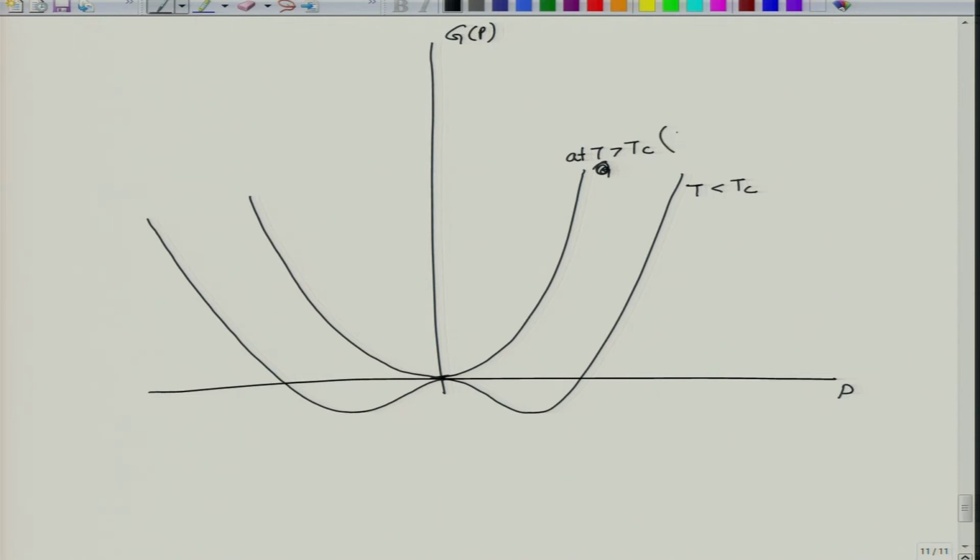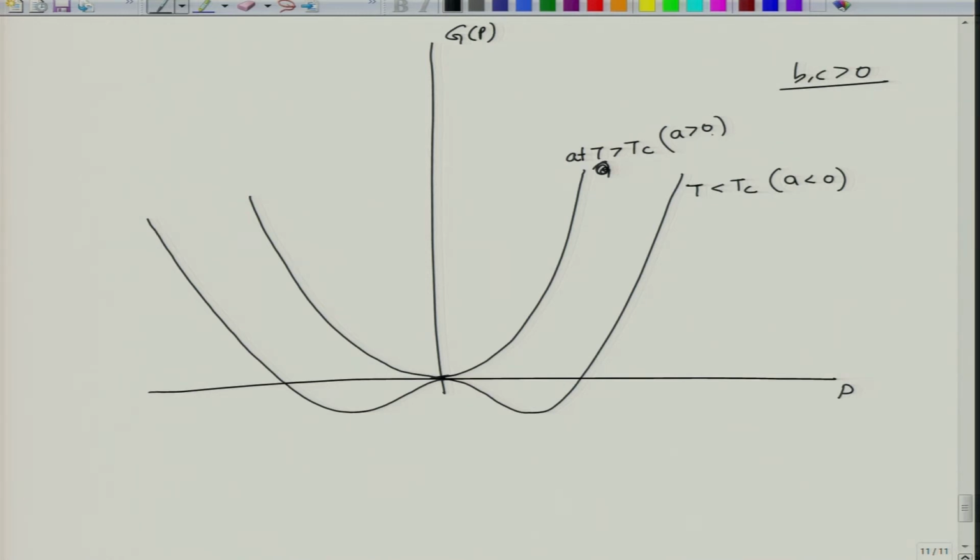So, at this temperature A is greater than 0, at this temperature A is less than 0, and B, C being positive for all temperatures. So, in between, if A is changing its sign, it must go through 0, right.